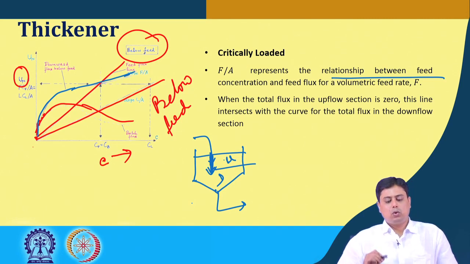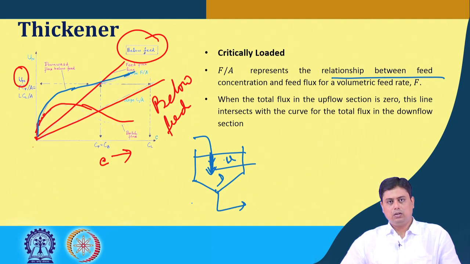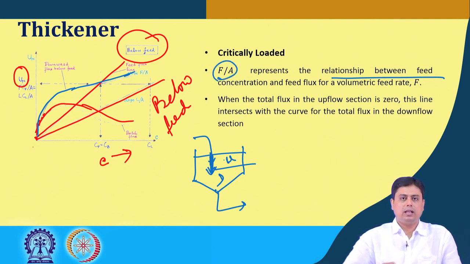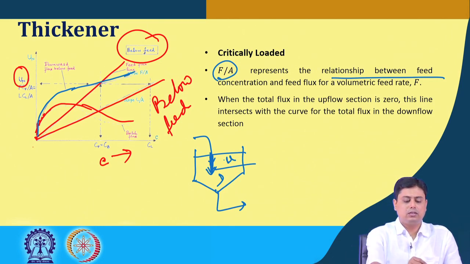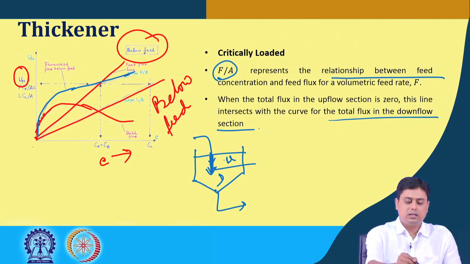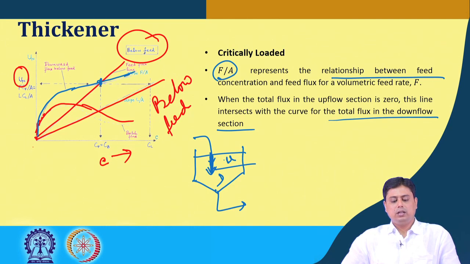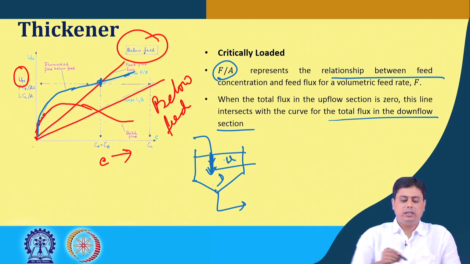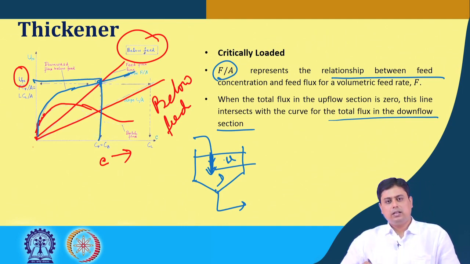So, when the total flux in the upflow section is 0, then this F by A line intersects the total flux curve, the curve for total flux in the downflow region, which means this intersection point tells us that this is a critical value where, if you operate the thickener with this concentration and this flux rate, there would be no net total flux in the upflow section.